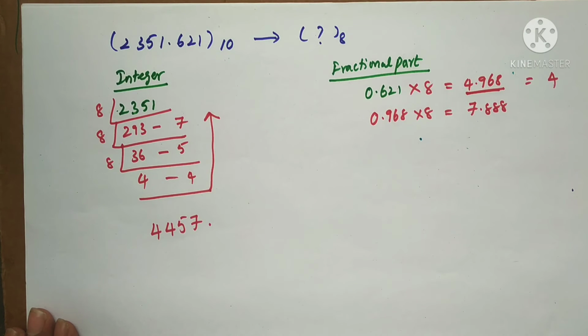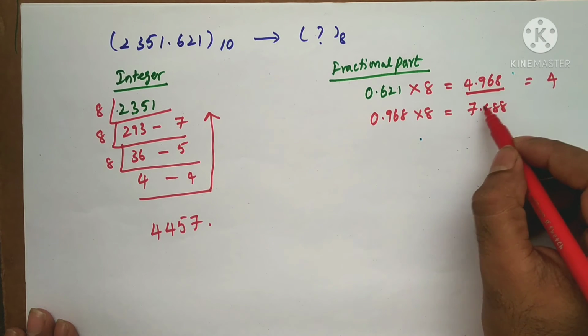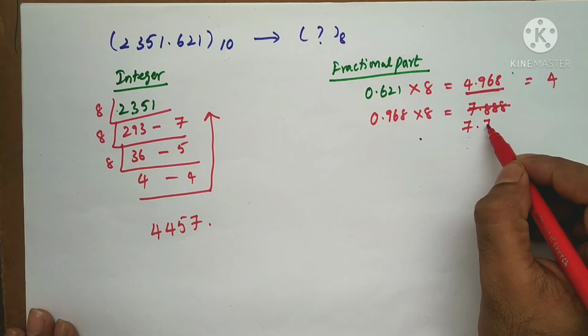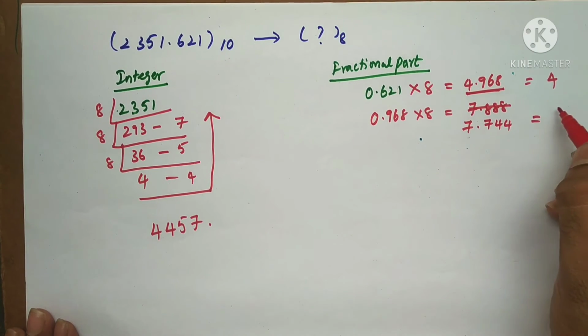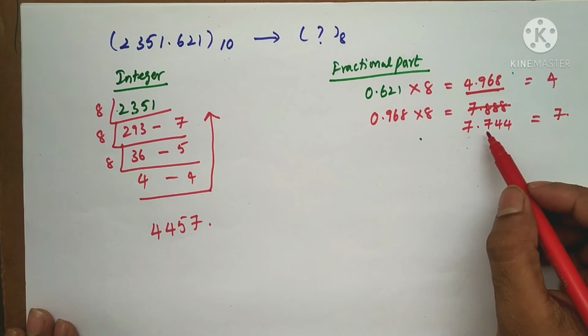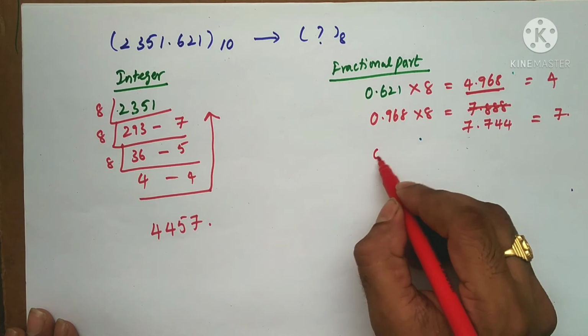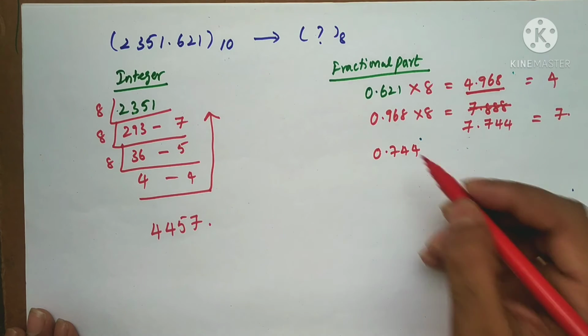Sorry, 0.968 into 8, the value is 7.744. From this number take out the integer part, 7, and write down the fractional part 0.744.